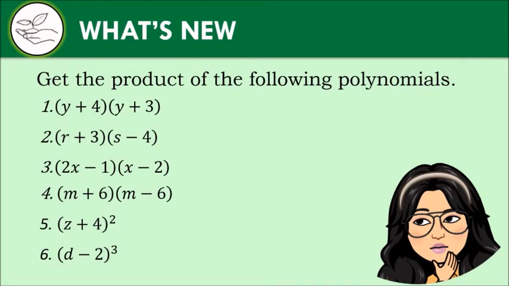So what's new for us? Now on the screen right now, you can see here 6 questions. Your task is to get the product of the following polynomials. I've asked you earlier to prepare your pen and paper. So this time, I want you to get that and try to answer and get the product of the polynomials shown on the screen.